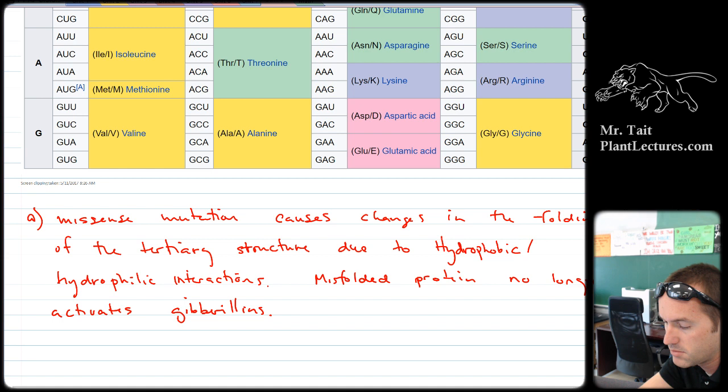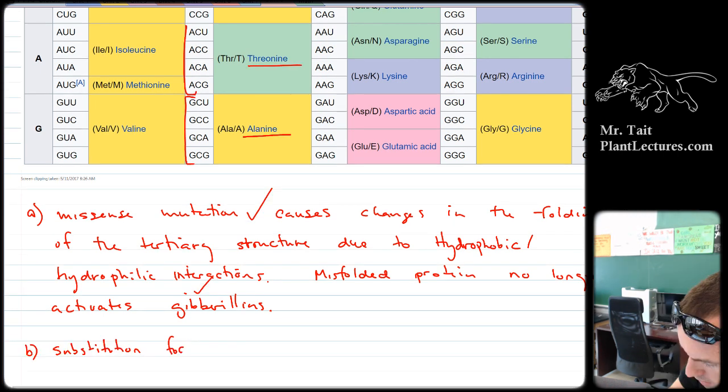So we can just say a substitution from G to A in codon or nucleotide number 1.